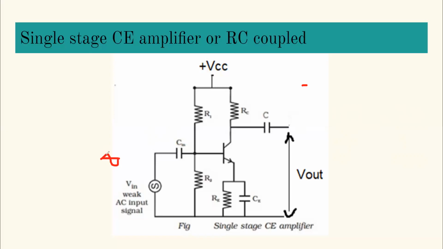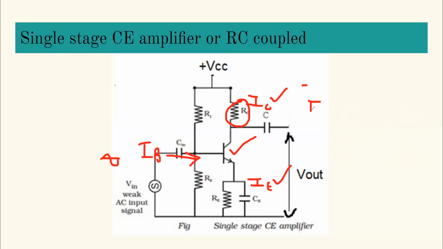So during the positive half cycle, IB is given, IB increases. So IB increases, transistor is switched on, IC will also increase, and IE will also increase. Okay. Now see what happens. Now because you have IC increasing, there is a voltage drop across RC. Obviously, there will be a voltage drop.